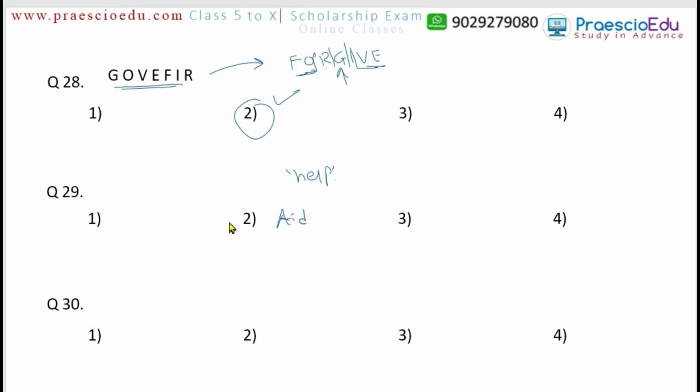Aid is related to help. Assist means supporting or helping, so this is also a meaningful word related to this one. And the third one, back, means supporting, we can say help back. So these are also similar words. But give means offer, which is not directly related to help.